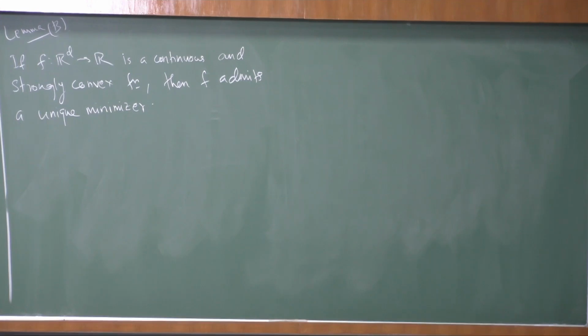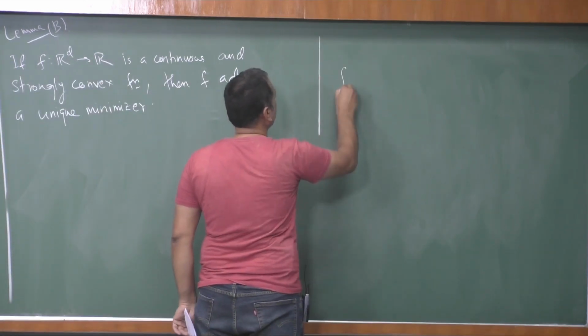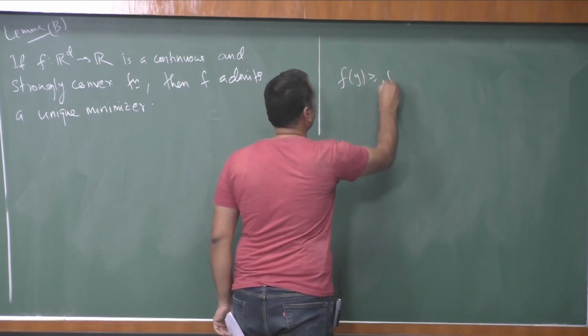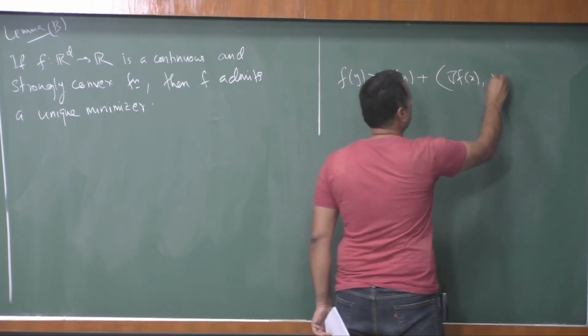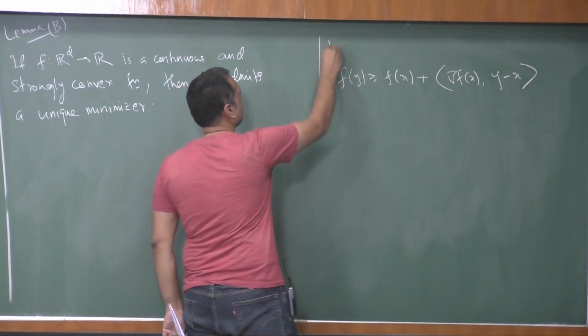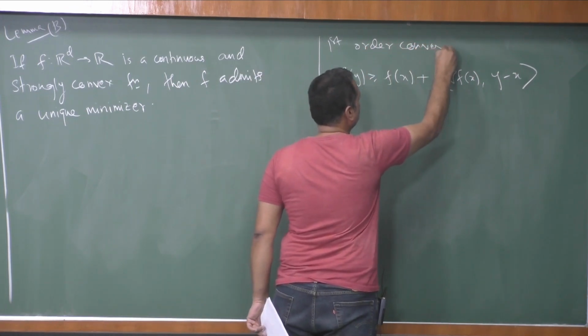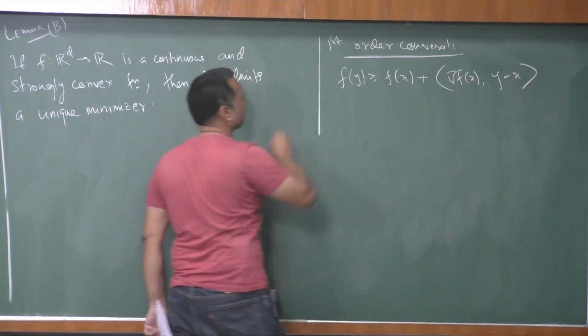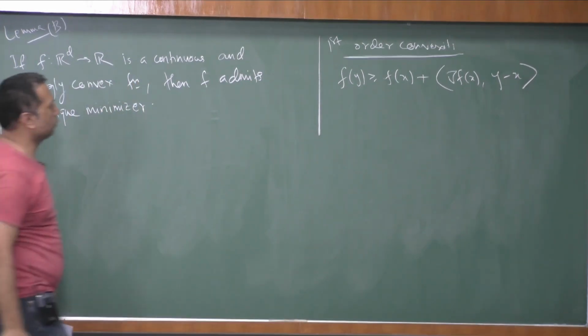General convexity result and prove unique minimizer. That's a little bit, but what we know, right, is fy greater than or equal to fx plus grad fx, y minus x. First order convexity, we assume that f is differentiable, right?